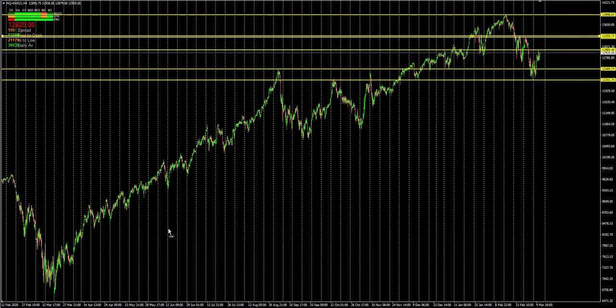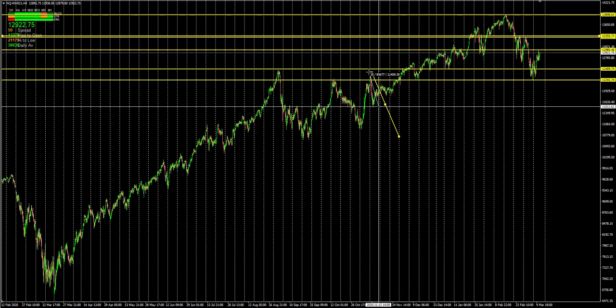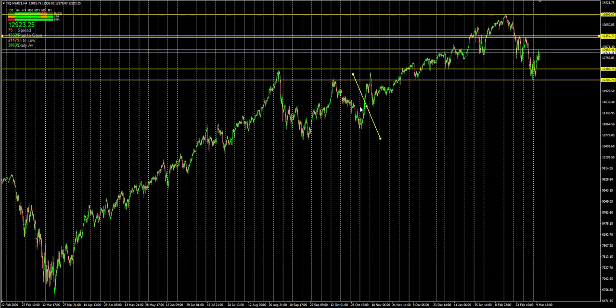Generally speaking, if I measure this crash, I can draw a trend line here. Using this trend line, this is almost a move of 1,600 points. If I take this line and analyze the crashes which happened before, these are 800 to 900 point crashes.